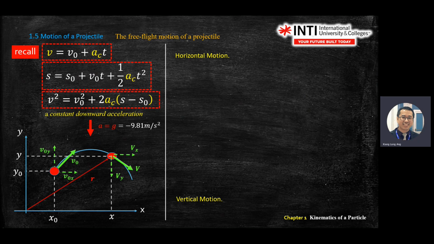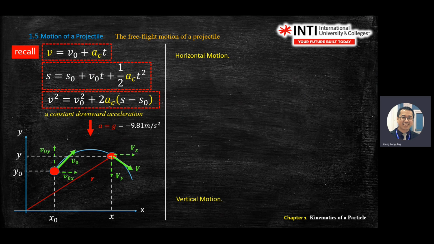So every time we solve a projectile question, we always break our working into either the top section of our paper or left and right. Normally my working is on the left or right. So this one I will do horizontal and vertical.